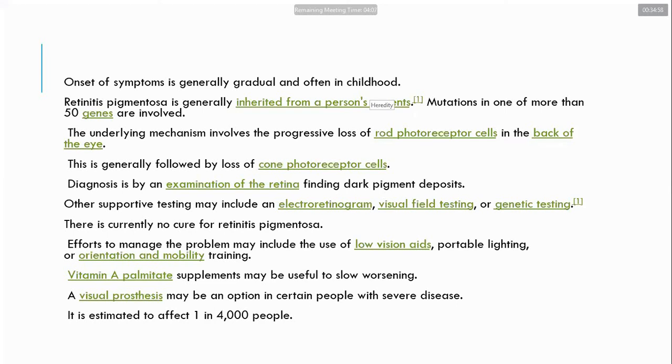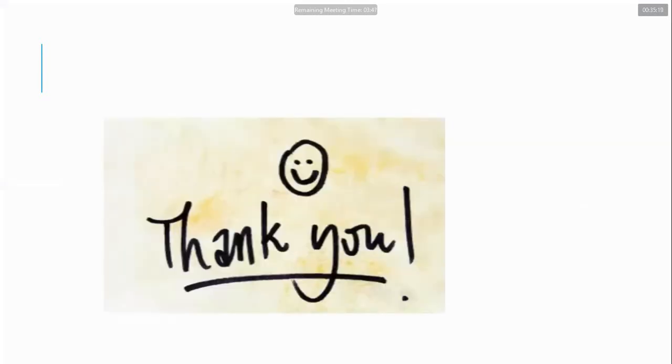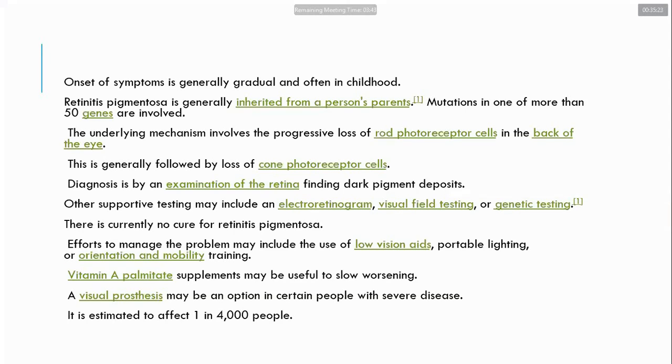It is estimated to affect 1 in 4,000 people. Our counseling must be very good for these patients because they are going to lose vision at the end of the disease. You have to explain everything, counsel the patients, and put them where there is a nice low vision aid, with regular follow-up. So this much for retinitis pigmentosa.